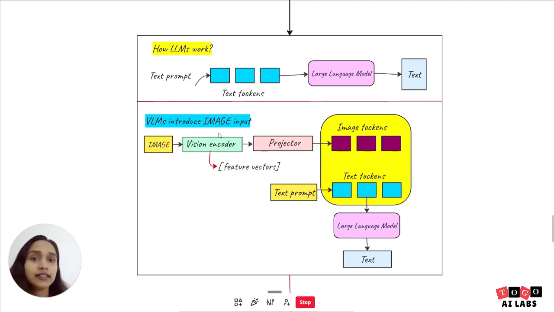And it doesn't see the images the way humans do. Instead, it extracts the patterns, textures, edges, and spatial relationships.